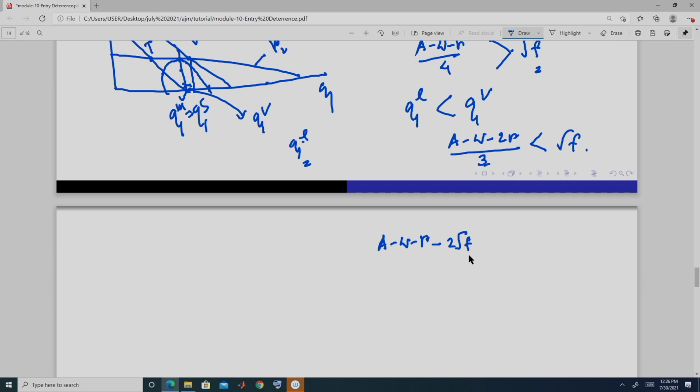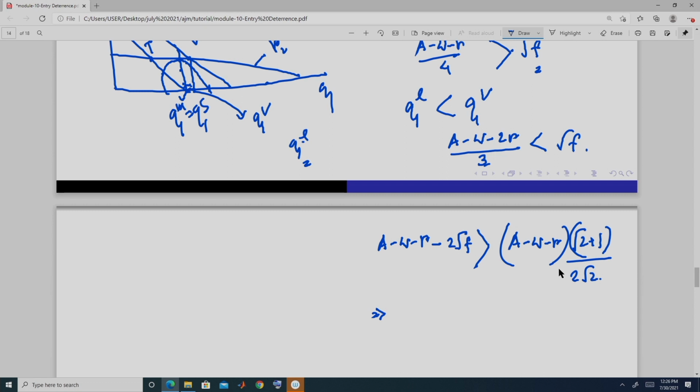Whether this output can be greater than this output.